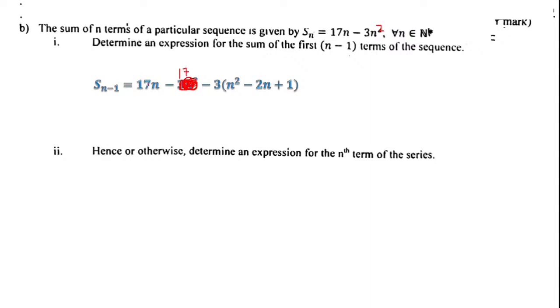So 17 into n minus 1 will give us 17n minus 17, minus 3 into n minus 1 squared, which is n squared minus 2n plus 1. So when we simplify this, we'll have minus 3n squared.